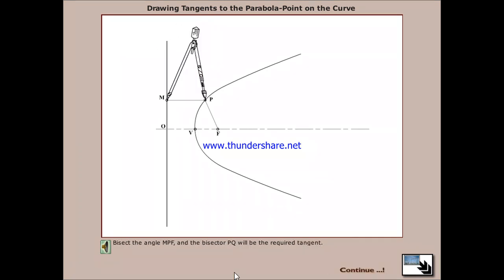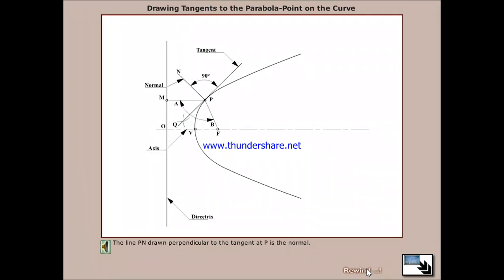Bisect the angle MPF and the bisector PQ will be the required tangent. The line PM drawn perpendicular to the tangent at P is the normal.